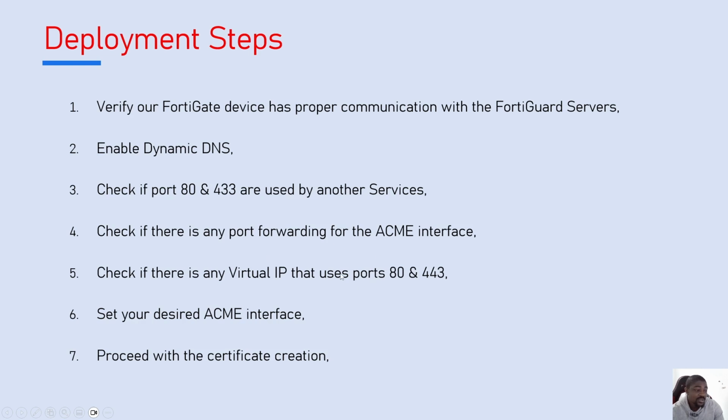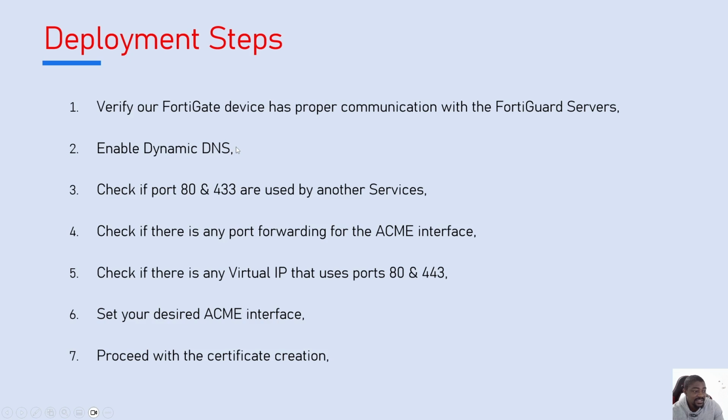So what are the deployment steps? If you want to generate a Let's Encrypt certificate from your FortiGate device, step one, you need to verify that your FortiGate has proper communication with FortiGuard servers. You also need to enable dynamic DNS.